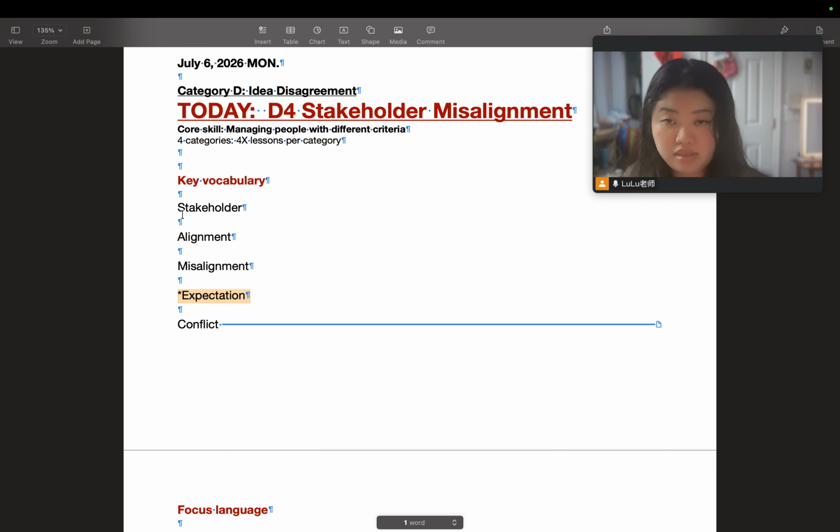Expectation. As we discussed a little bit earlier in the beginning of the lesson, what is another way to describe that? Keep it simple. The simpler, the more powerful.